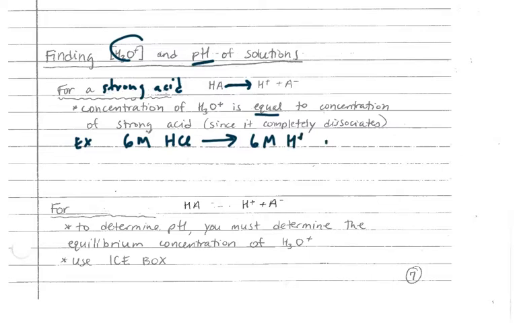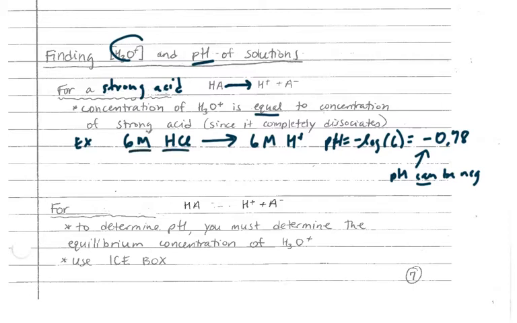So the pH of this solution of 6 molar hydrochloric acid is the negative log of 6, which is negative 0.78. Yes, that is a negative pH. pH can be negative for very strong acids. For high concentrations of strong acids, it can actually be a little bit less than 1.